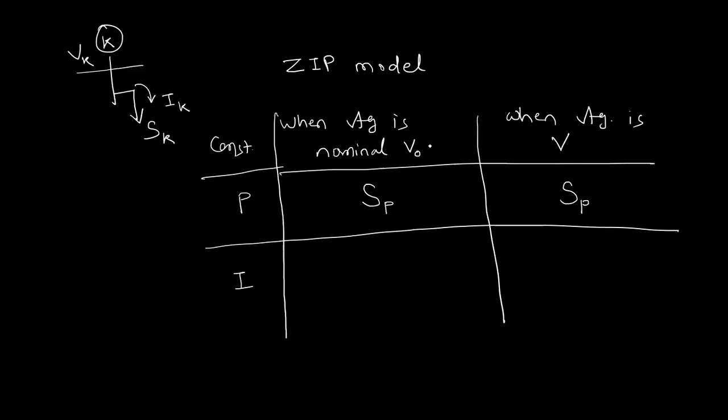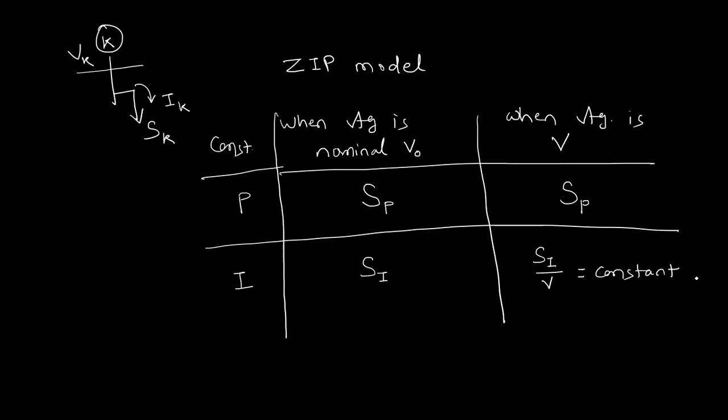When voltage is nominal, let us say SI is the power. But when voltage changes, what happens? The current remains constant. So what is the equation of current? SI divided by V remains constant.